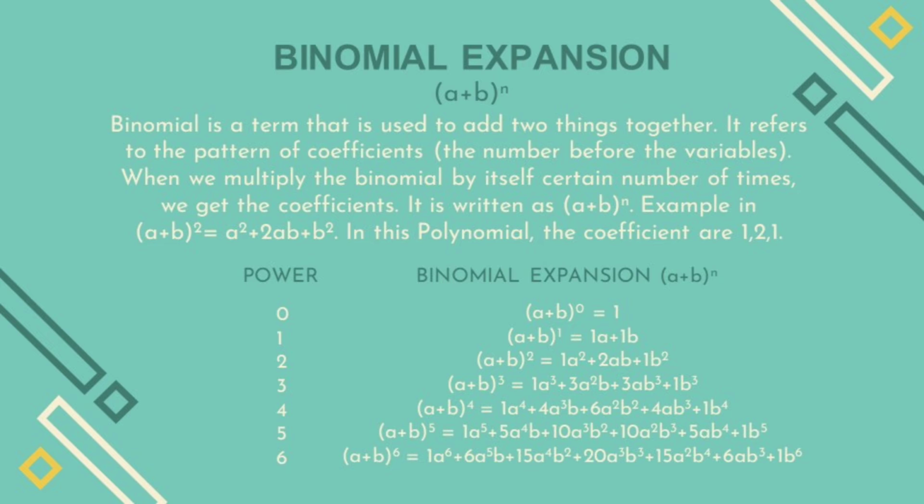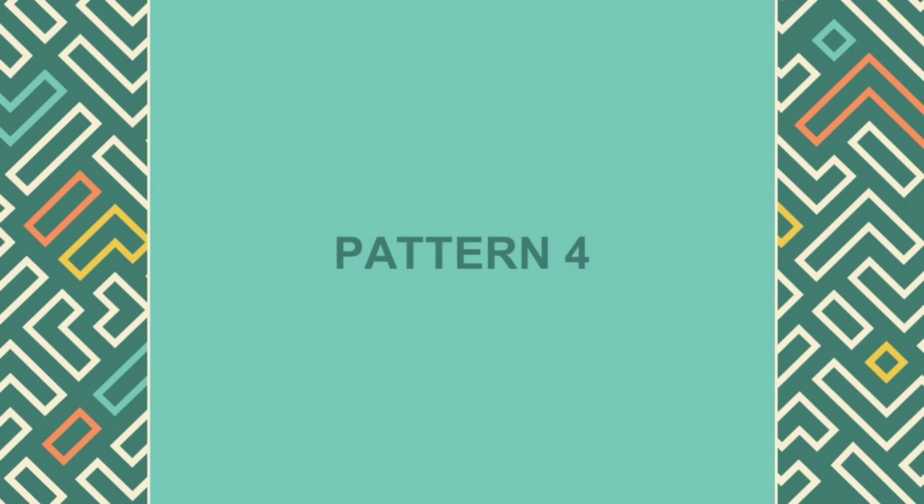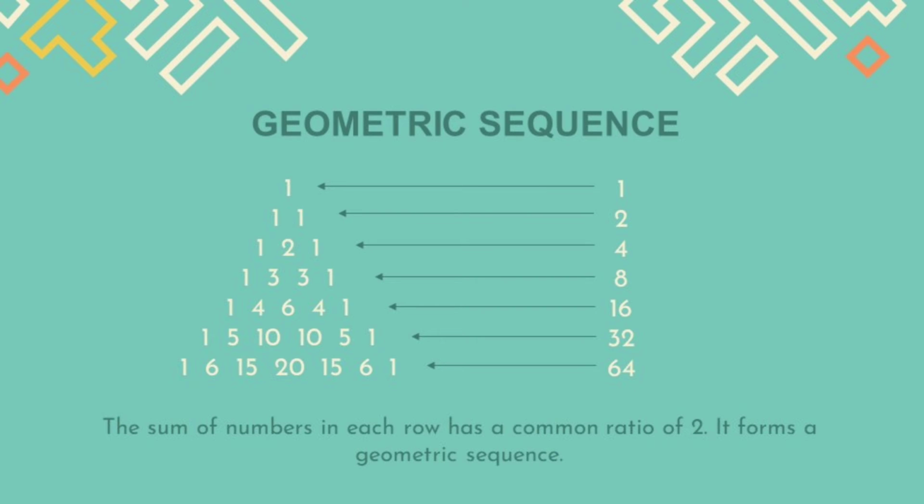It is written as (a + b)^n. An example is (a + b)^2, which is equal to a^2 + 2ab + b^2. In this polynomial, the coefficients are 1, 2, 1. The coefficients of the succeeding expanded binomials will be found in the next rows of the Pascal's triangle, as shown below.